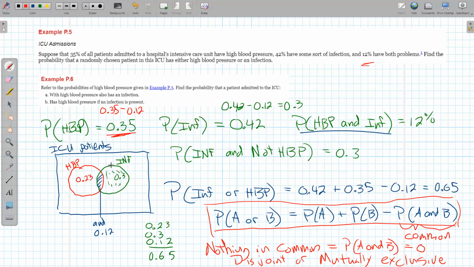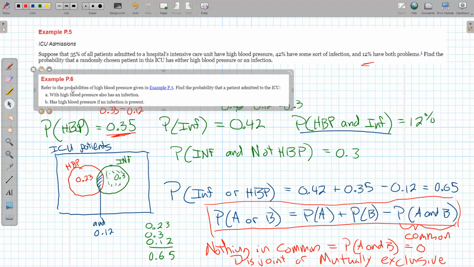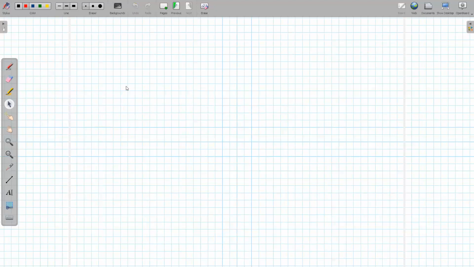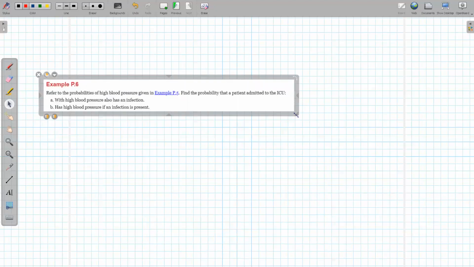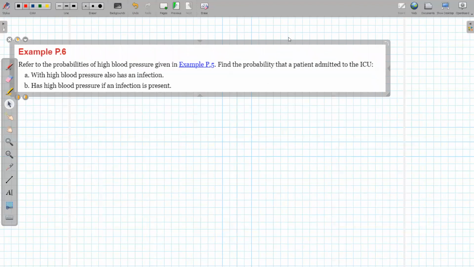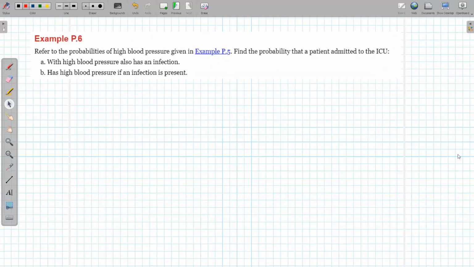All right, let's look at the next part. With the high blood pressure also has an infection. Let me just bring this to a new screen since that problem got a little messy. So back to those other probabilities. I need to know those up front.